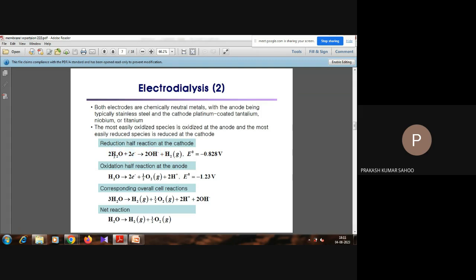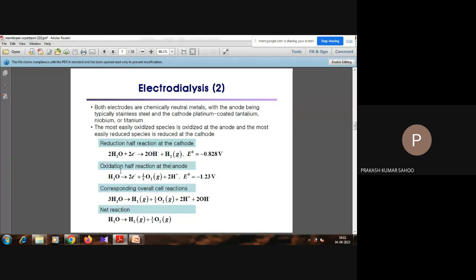So water molecule accepts electron and will form hydrogen gas with the two hydroxy groups, 2OH minus. Here the standard reduction potential is minus 0.828 volt. So this is the amount of electrical energy generated through this reductive half cell reaction.